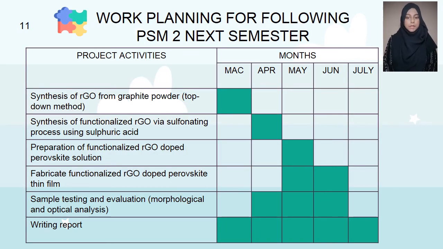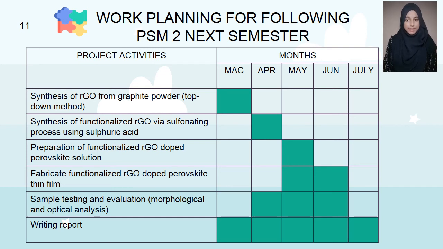Work planning for the following PSM2 next semester is the synthesis of the reduced graphene oxide from graphite powder using the top-down method for 1 month starting from March, followed by synthesis of functionalized reduced graphene oxide via sulfonation process using sulfuric acid in the next month.